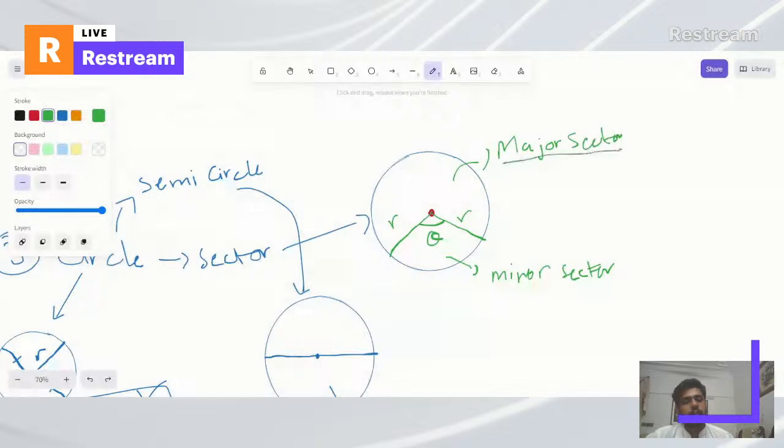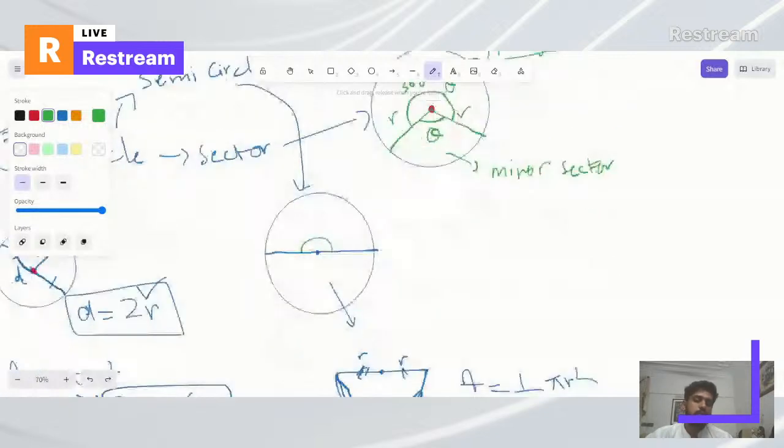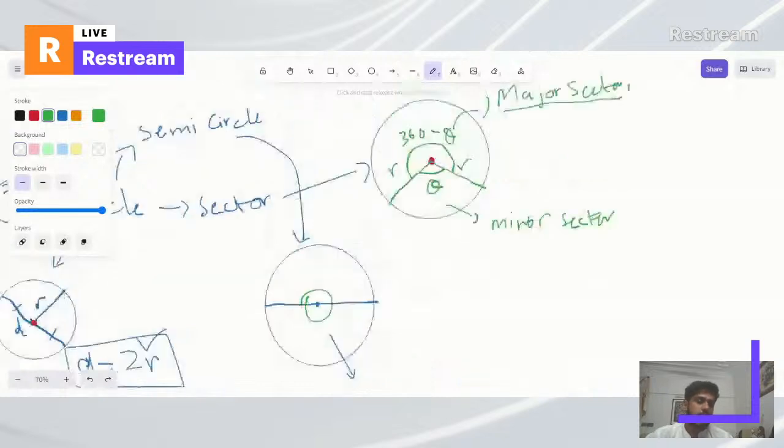Obviously, this one also has an angle, which is 360 minus theta. The whole circle when completed forms 360 degrees. So let's say this angle is theta, then this angle is going to be 360 minus theta, right?